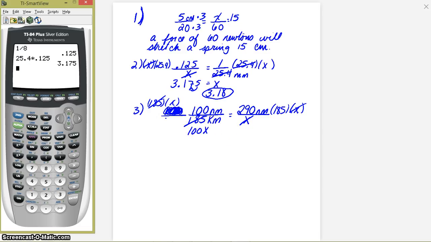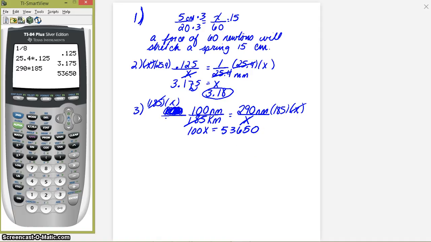So 100x on this side of the equal sign, and 290 times 185, which is 53,650.